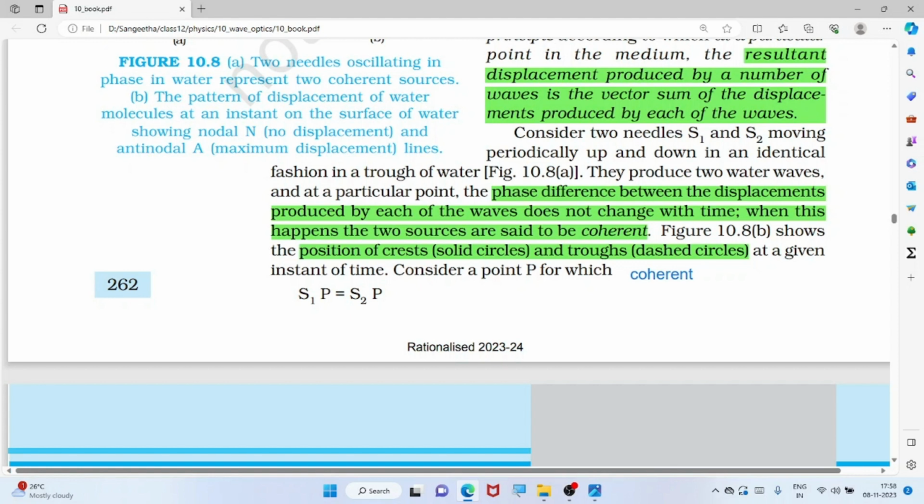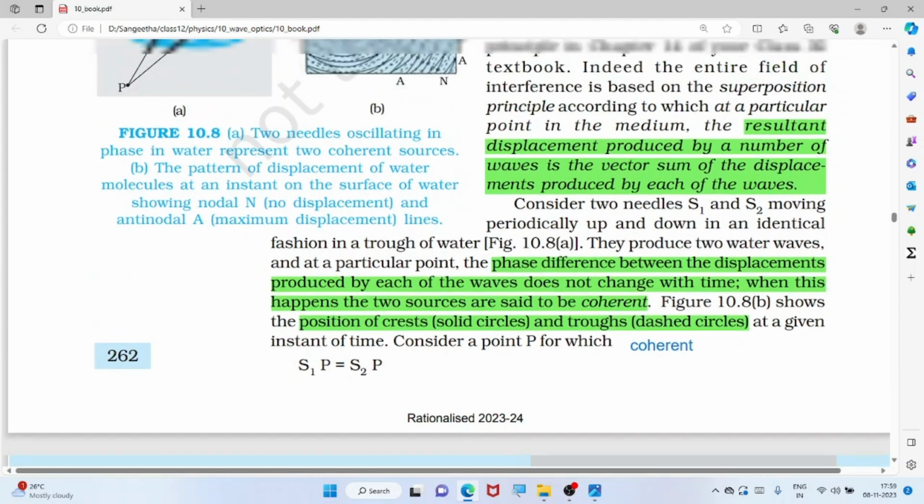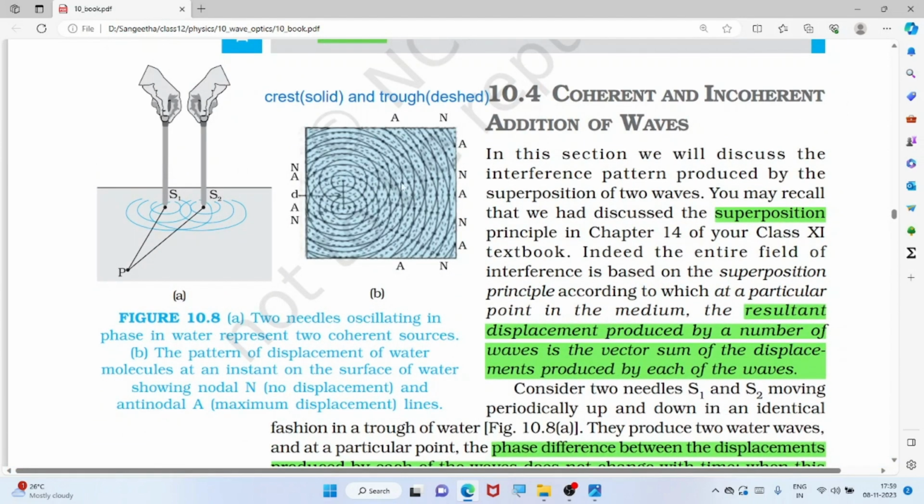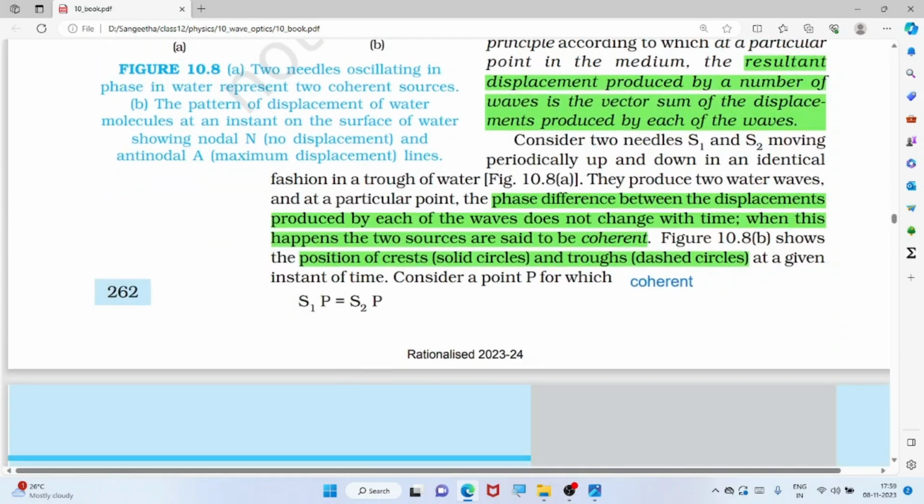So what is a coherent wave? The phase difference between these waves is constant and is not changing over time. That is coherent waves. These are the crest and trough. I already told you what is crest and what is trough, it is in the figure also. The solid circle is crest and dashed is trough.